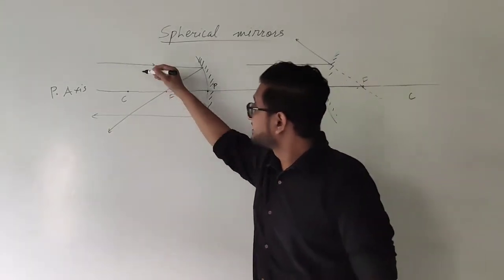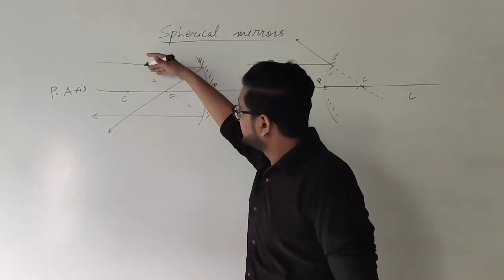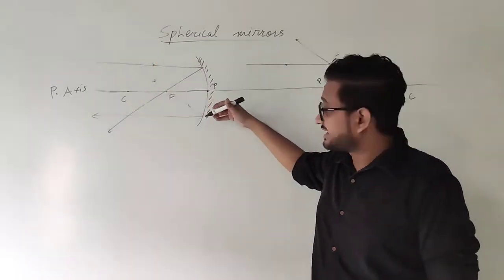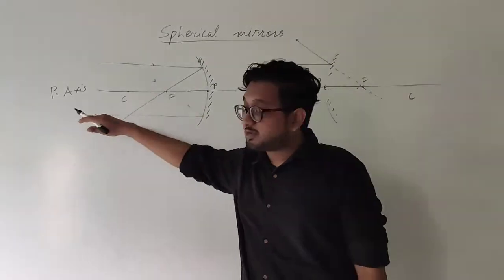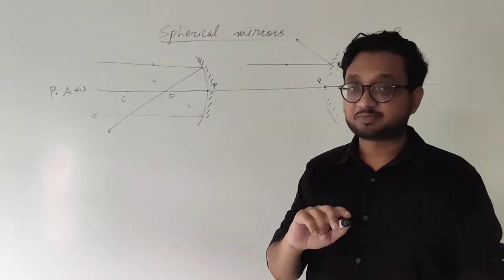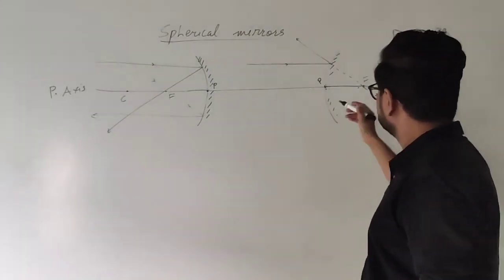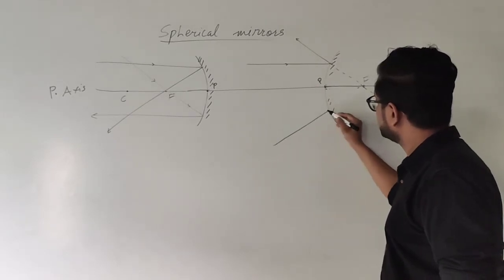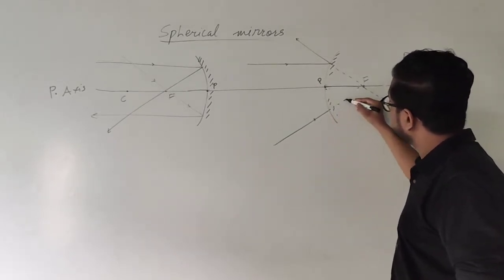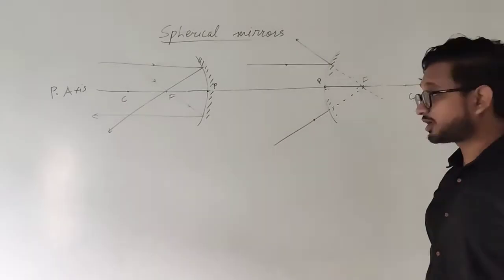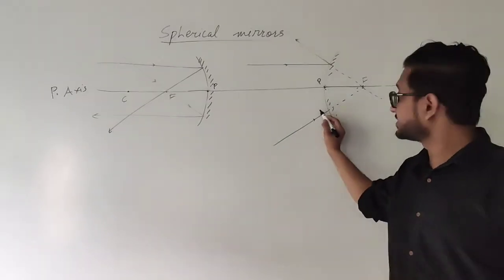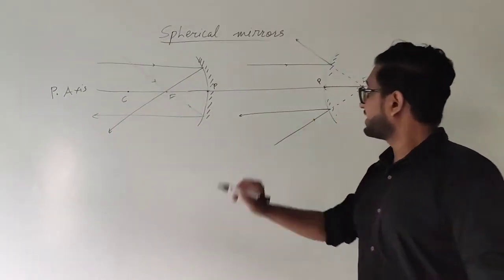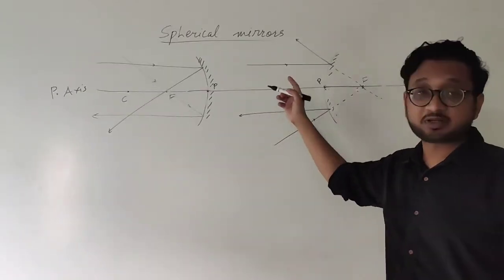So in this case, we have a ray of light, this one, passing through the focus and then incident on the mirror, then it will become parallel to the principal axis. In this case, same thing once again. Let's imagine that there is a ray of light which seems to pass through the focus point. Then after being incident on the mirror, it will reflect back and become parallel to the principal axis.